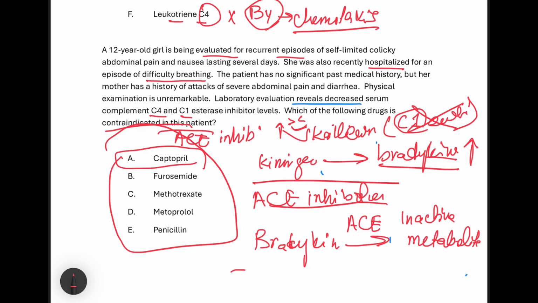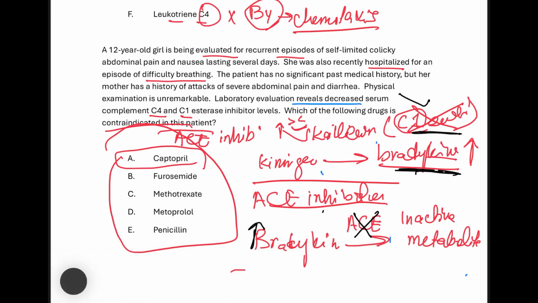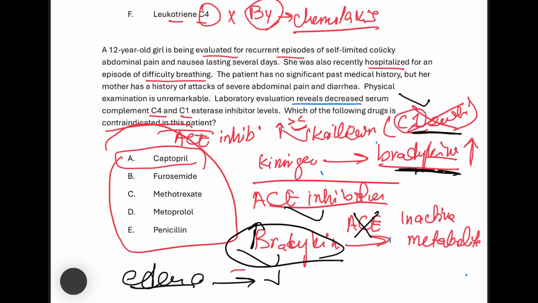But when you inhibit angiotensin converting enzyme, there will automatically be an increase in bradykinin. Due to this disease, with the absence of C1 esterase, there is already an increase in bradykinin. But when you take an ACE inhibitor, bradykinin increases even more, and the patient will be very vulnerable to edema and can even die.